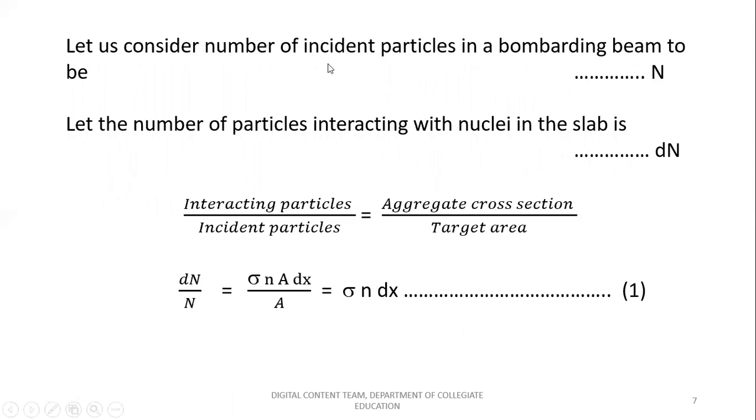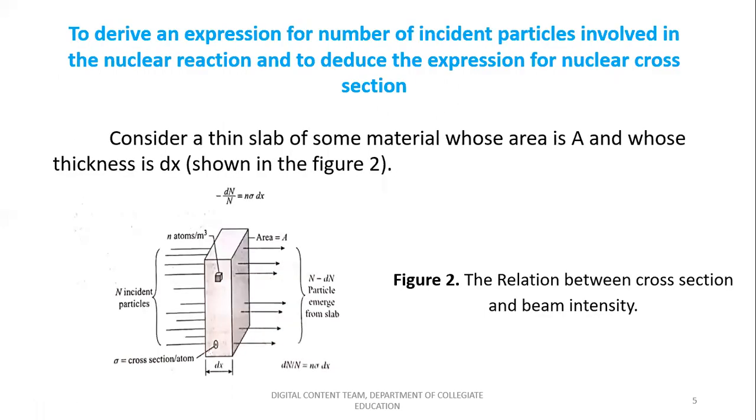Let us consider the number of incident particles in a bombarding beam to be capital N. If you go back to the figure, you can see that capital N represents the total number of particles incident onto the target material, which is the slab in our case.